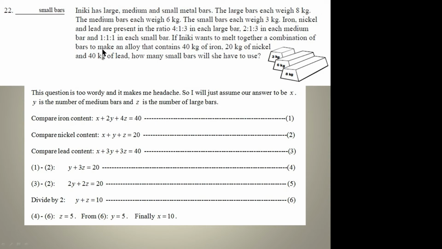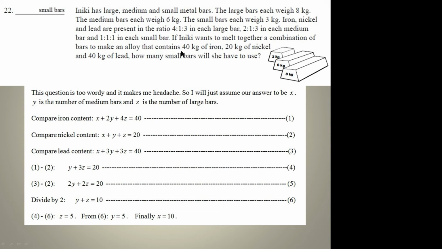Let's see here. The total amount of iron will be 40 kilograms. That's one clue.